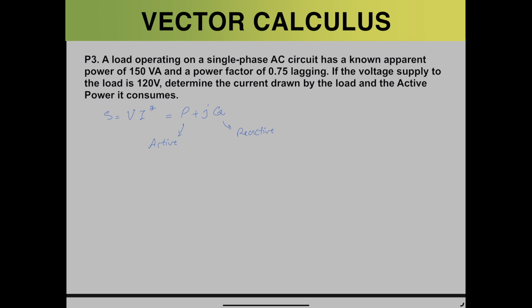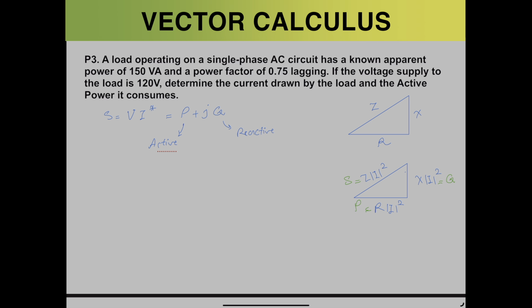And also we have the power triangle that is related to R, X, and Z as follows. So we can have R times magnitude of I squared, X times magnitude of I squared, and Z times magnitude of I squared. We can call them P, Q, and S in simple terms.